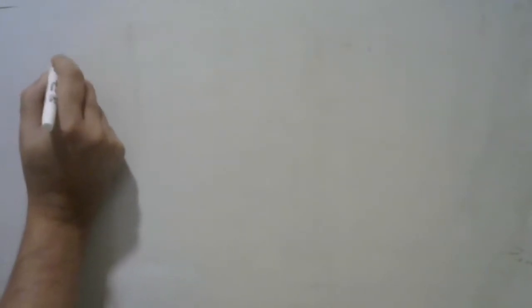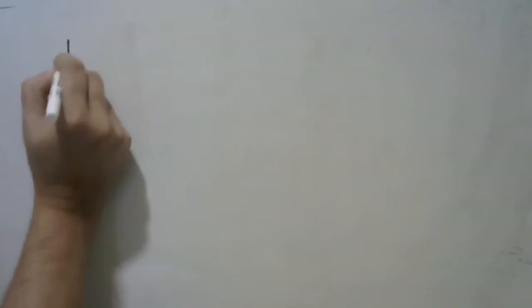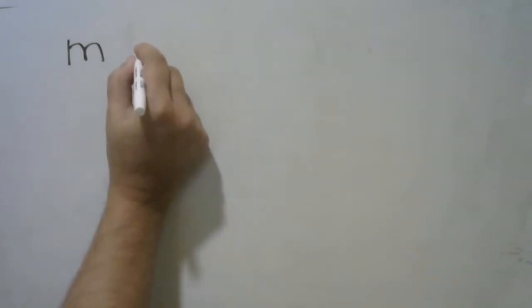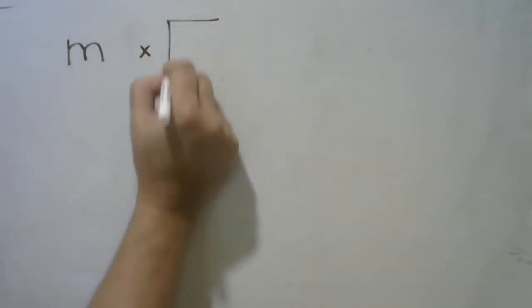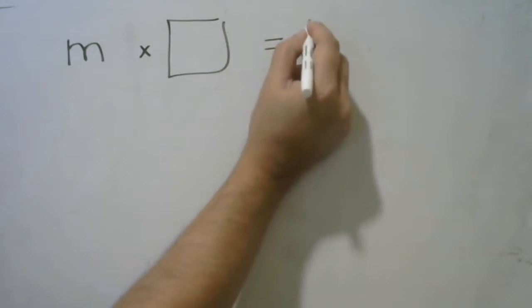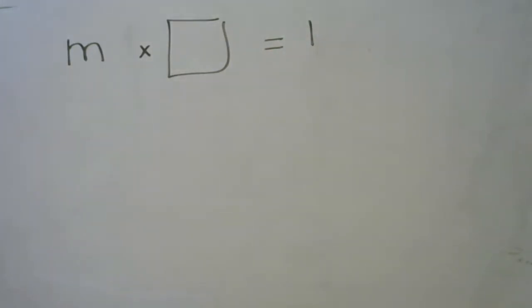Okay, so I'm going to look at something simple here. Suppose you have m. M multiplied by something is equal to 1. What would that be?